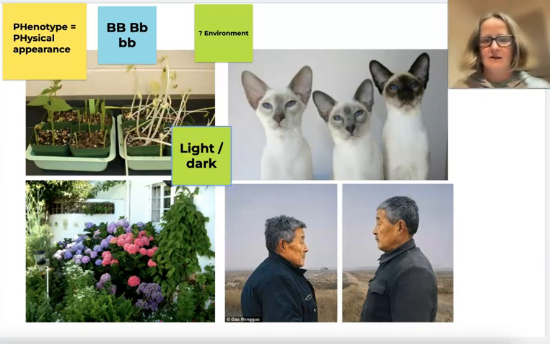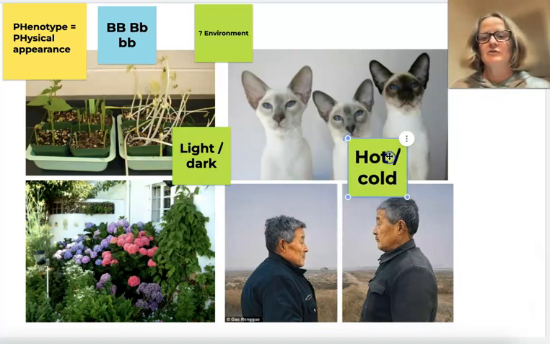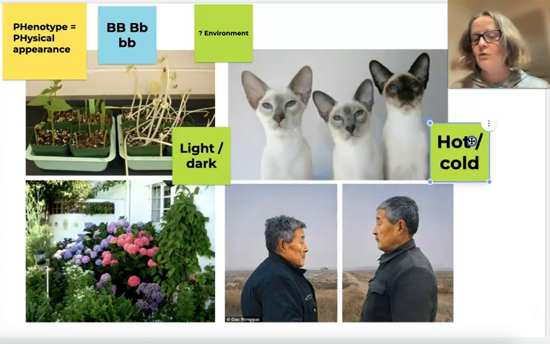Now the cats, they are actually responding to hot or cold environments. So Siamese cats, when their extremities are exposed to cold climate, like the tips of their ears and the ends of their nose, their fur actually grows a darker colour there. And when the cat is in a warm environment, anywhere where the fur grows will be lighter.